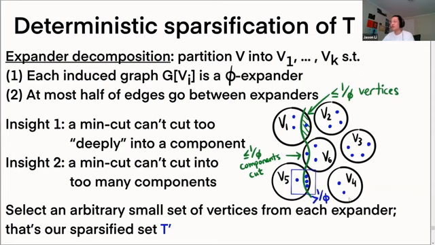If we're unlucky, we might sample all the vertices in the smaller side when we take the intersection with the min cut. But since we sample strictly more than 1 over phi vertices, we're guaranteed to find one vertex on the correct side of the min cut. So that's it for the algorithm.